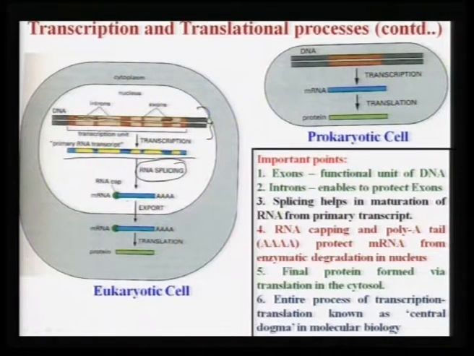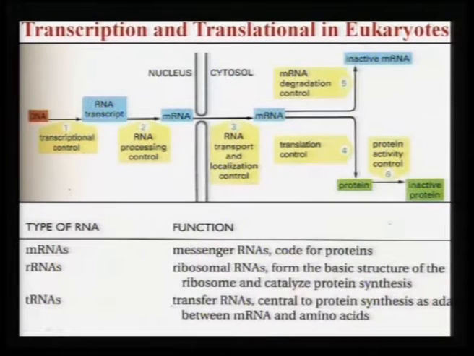So, there are 3 types of RNA. One is mRNA, that is messenger RNA, and this is the code for proteins. That means whatever proteins will have, the amino acid sequence code is there inside the messenger RNA, or in other words, messenger RNA carries the code for the amino acids which will be finally formed outside the nucleus.